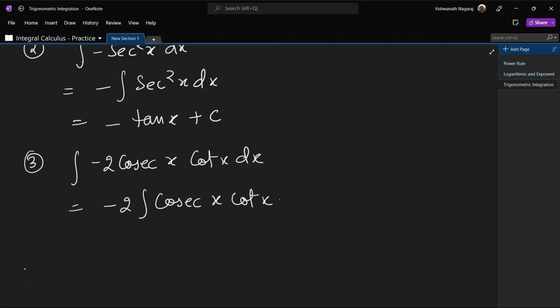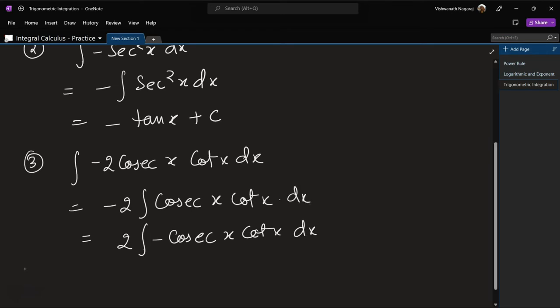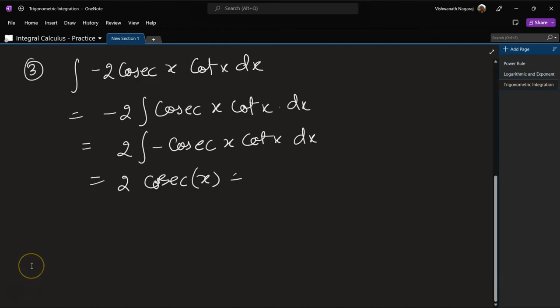Now here the thing is, we know that the derivative of cosec x is minus cosec x cot x. But since we have taken minus out, let's bring it back in: cosec x cot x dx. We should not forget. So this is 2 cosec x plus c.